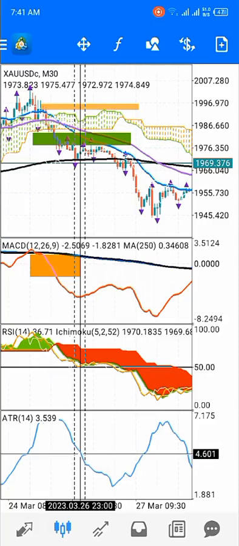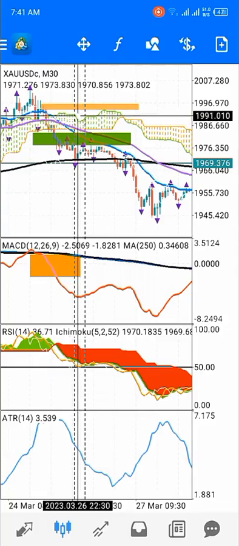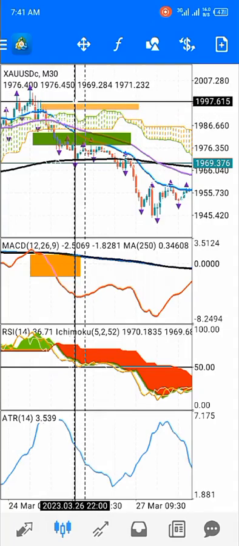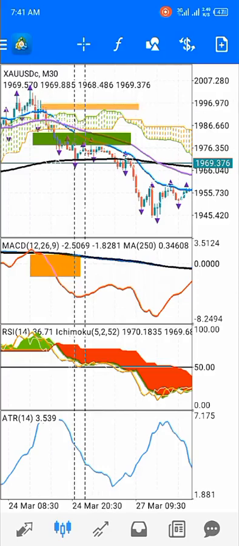Like it's 4.67 at the point of placing the trade here, and the top of the cloud is around 1996. Add that to 4.67, adding 1995 to 4.67, that should give you 1999 or thereabouts.